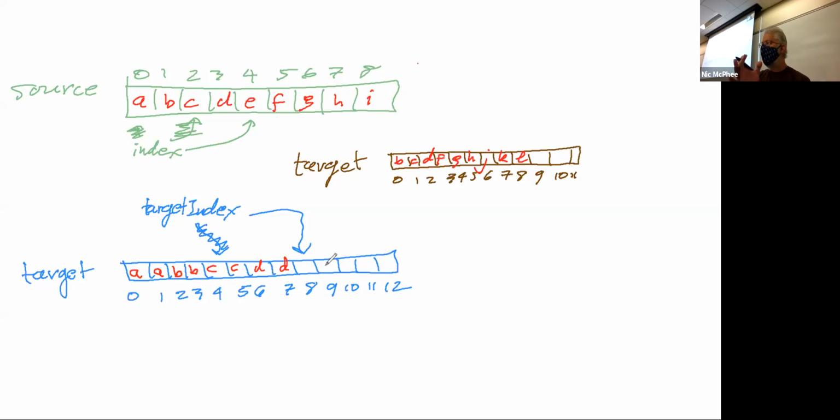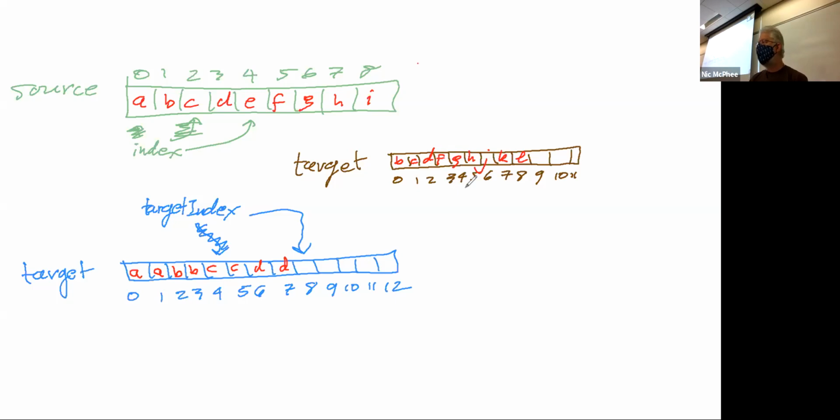So you could do some math to avoid having target index and just do all the math off of index itself. But here that becomes much more complicated because now 1 goes to position 0, and 2 goes to position 1, and 3 goes to position 2. 4 doesn't go anywhere. 5 goes to position 3. 6 goes to position 4. Like the math gets real weird there.